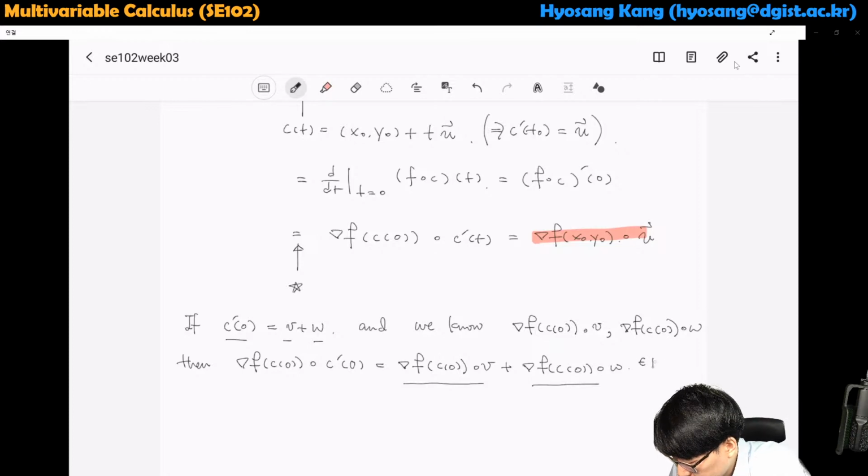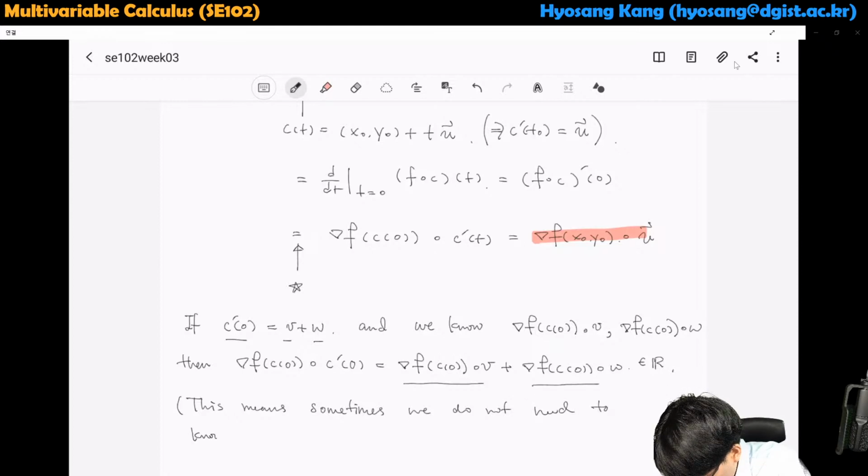Okay, this means sometimes we do not need to know the entire gradient to find the rate of change in a certain direction.